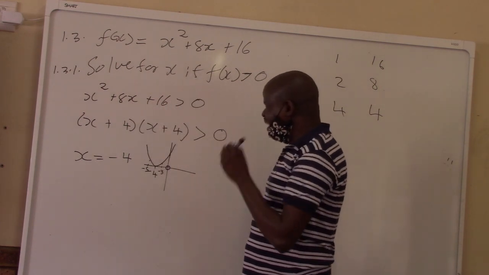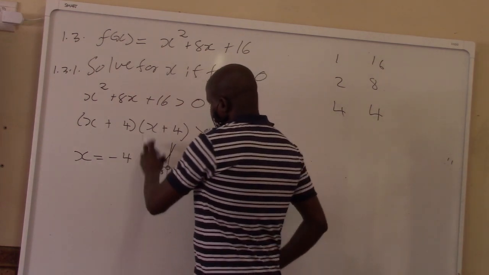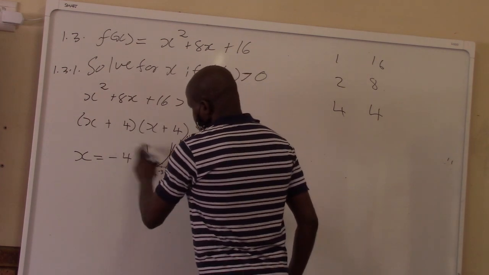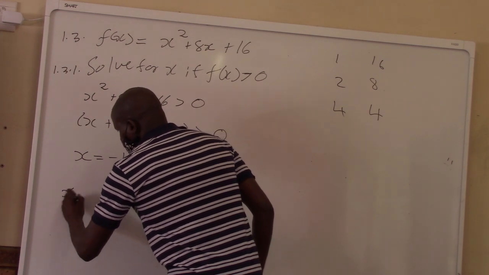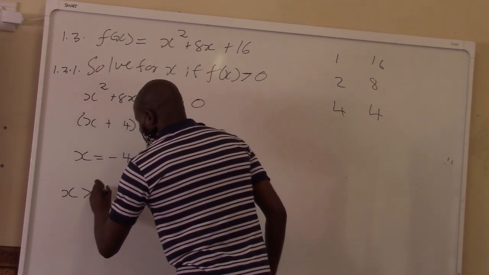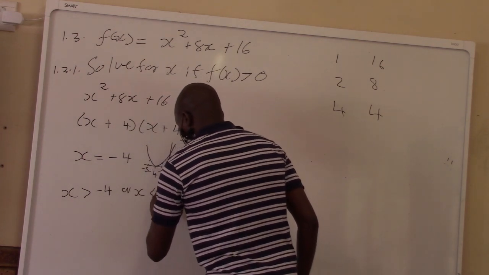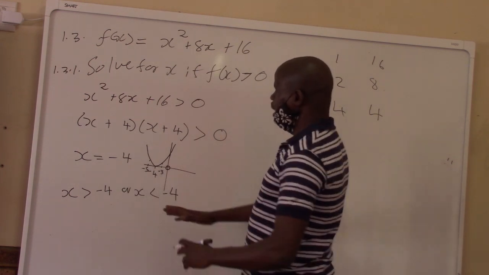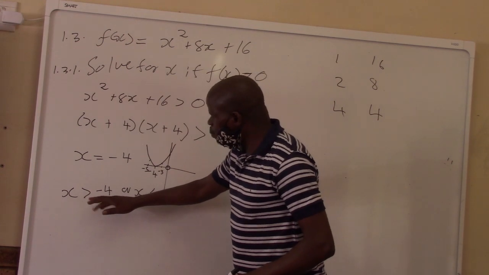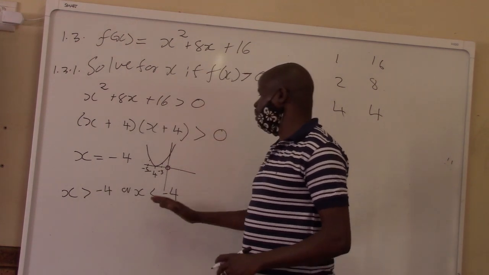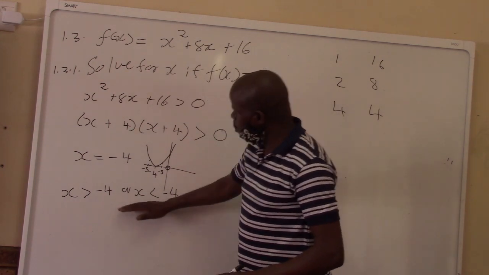So when we conclude this solution that we are working on here, we can say x is greater than -4, or x is less than -4, because both are giving us what we want. Whatever goes there, the greater than and the less than, they are giving us what we want. So that is how this solution is worked out.